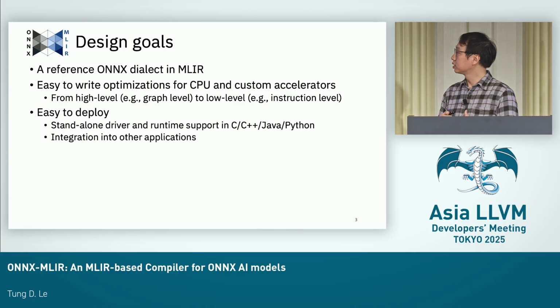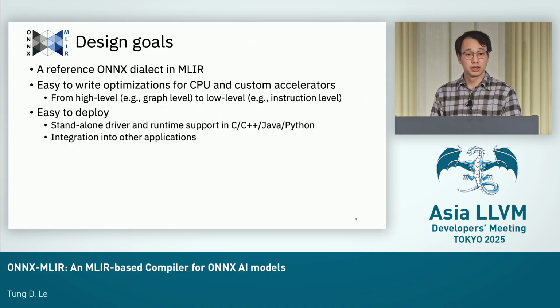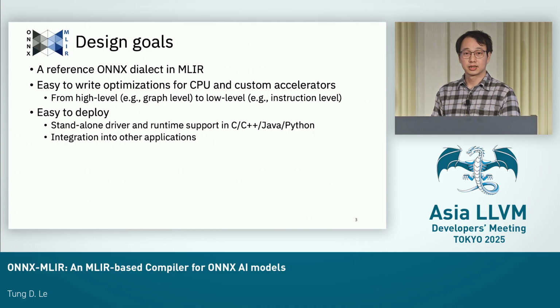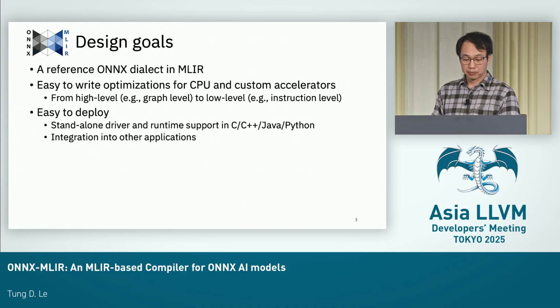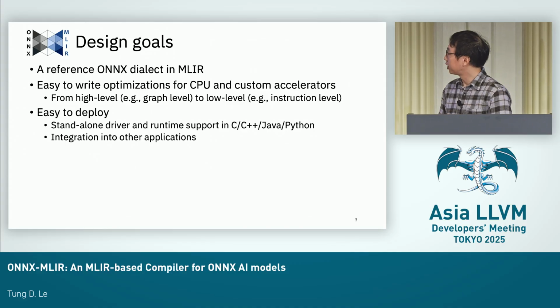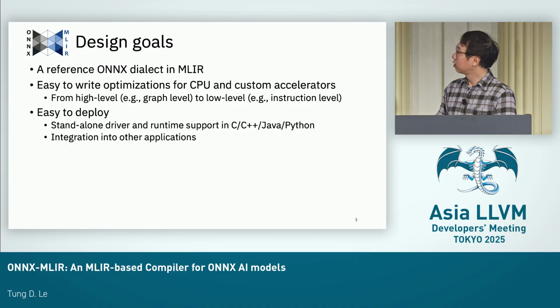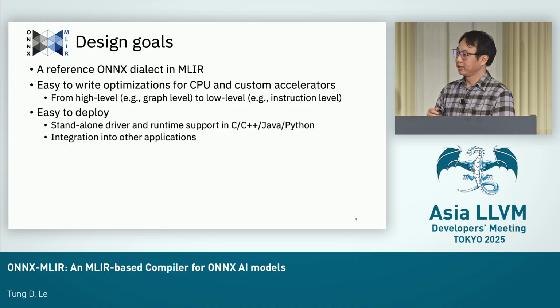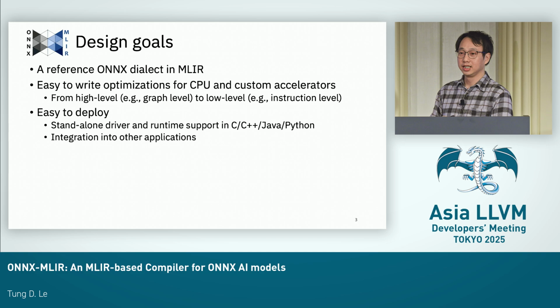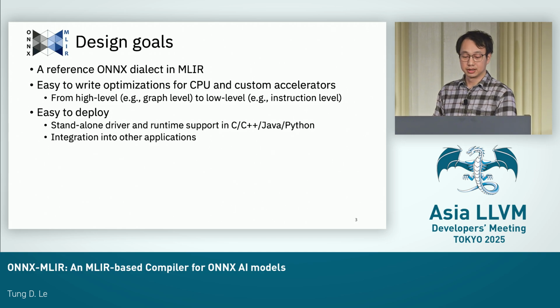Next, we focus on ease of deployment. We provide a standalone driver and runtime support in multiple programming languages, such as C, C++, Java, and Python. Because of this, we can easily integrate AI into existing applications.